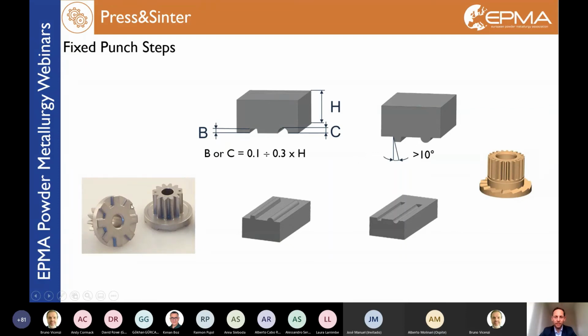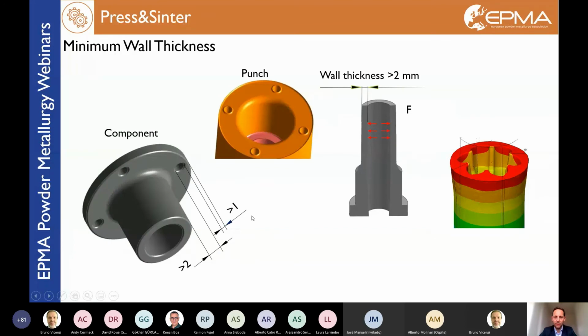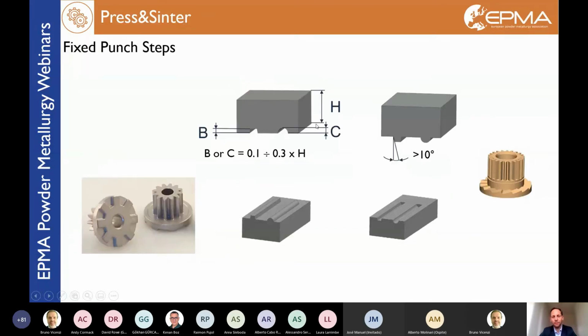Otherwise, after the extraction, it doesn't go out well of the tool. And the fixed steps can be realized up to a length of 0.1 to 0.3 of the total part length, depending obviously always on the total density. You can realize fixed steps on the punch without having issue of too much density.